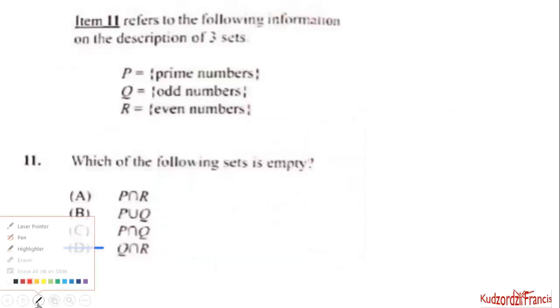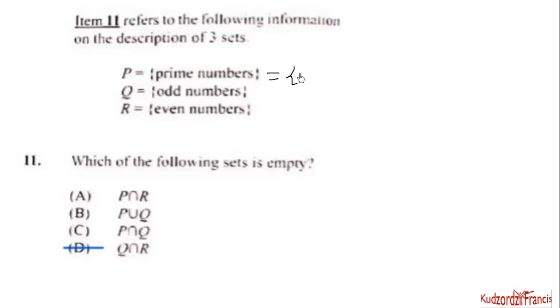This is another familiar question. Item 11 refers to the following information on the description of three sets: P is prime numbers and Q is odd numbers. You know the prime numbers are 2, 3, 5, and so on.